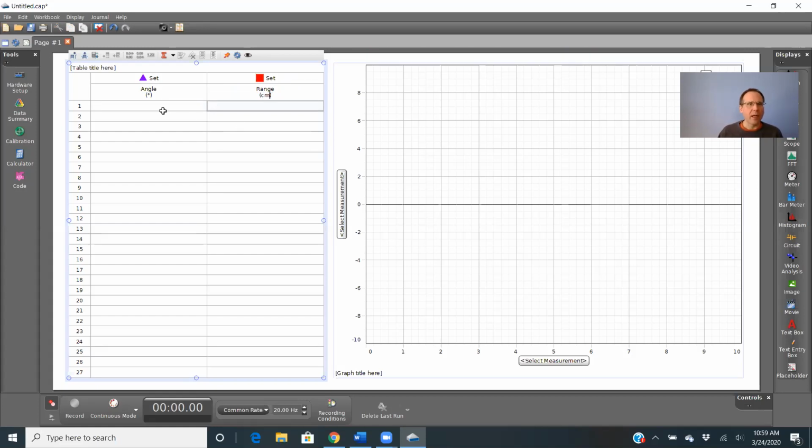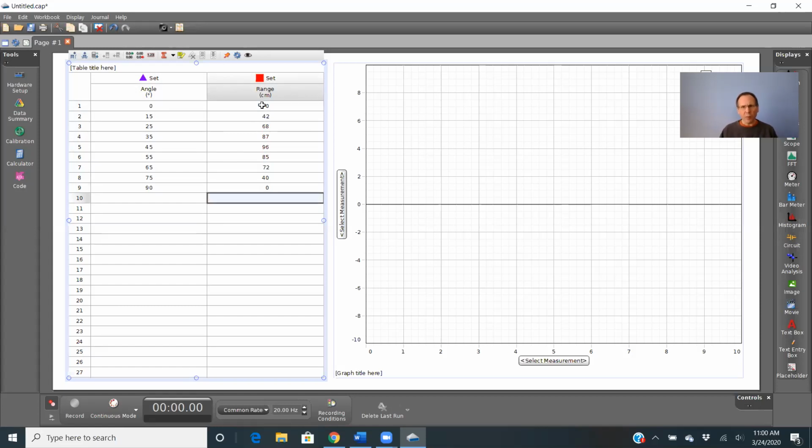Okay, so let's fill in our data, and I'll make up some similar data. So let's say 0, 15, 25, 35, 45, 55, 65, 75, and 90. Those are my angles. And then let's say my range values were 0, 42, 68, 87, 96, 85, 72, 40, and 0.